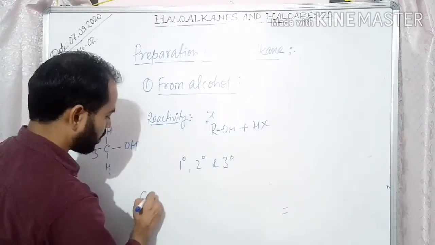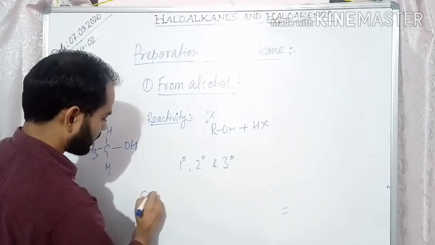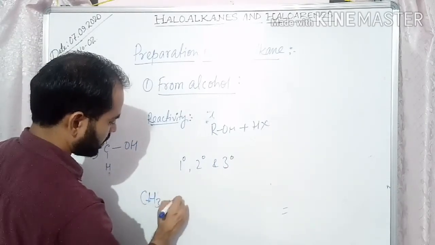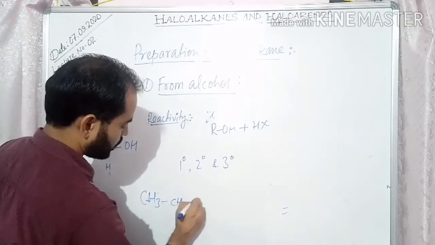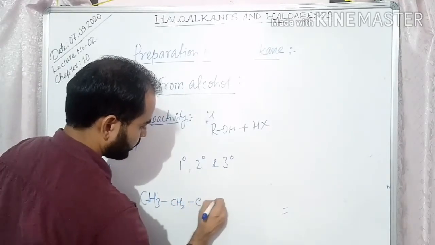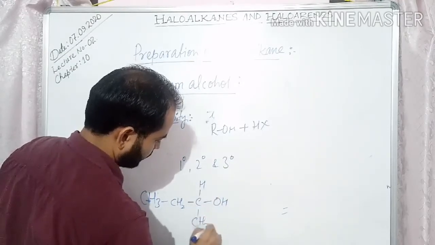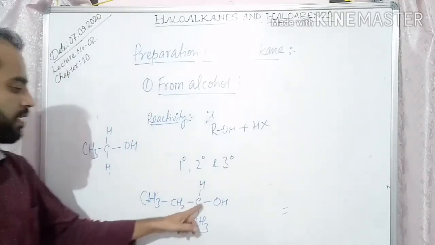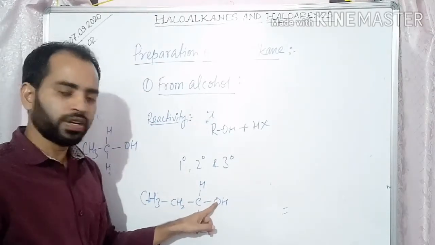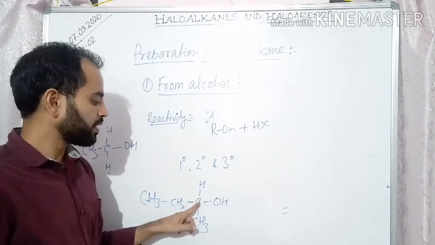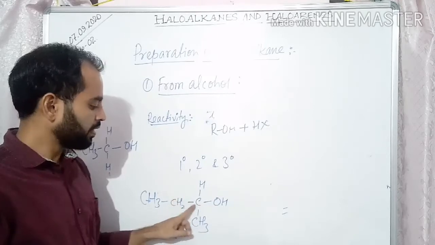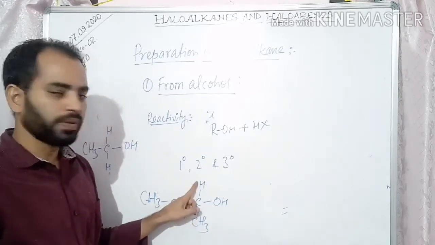In the secondary alcohol, I am taking one example, CH3CH2CH(OH)CH3. Now see, in this case, this OH is bonded to this carbon and this carbon is directly bonded to two carbons and one hydrogen.